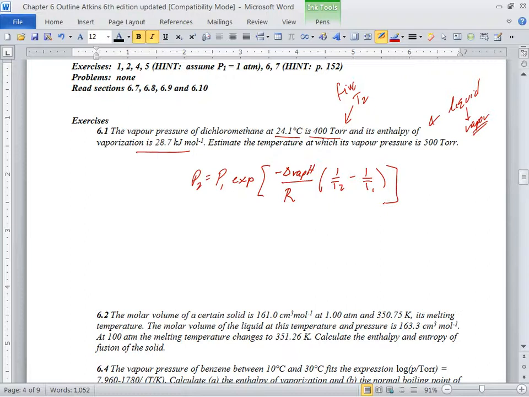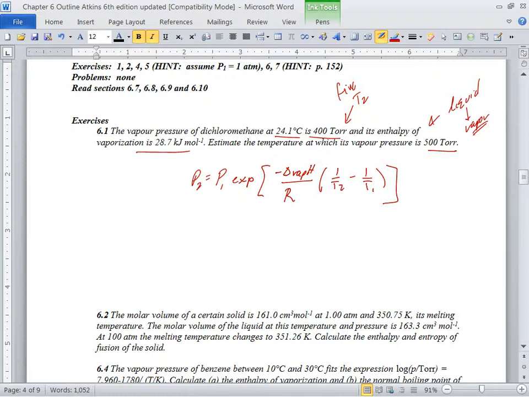Are you going to mess with converting these torr to pascals? Kind of wasting your time if you are. It depends on the situation, I think. But in this situation, when you bring the P1 over to the other side, those units cancel out.